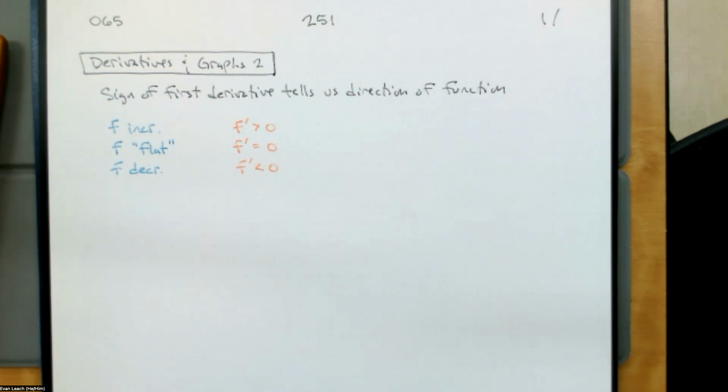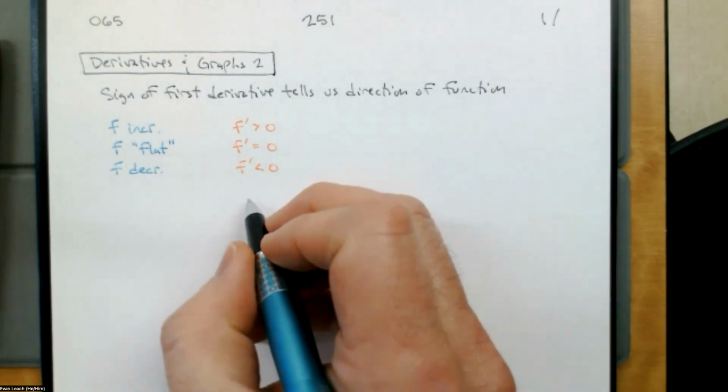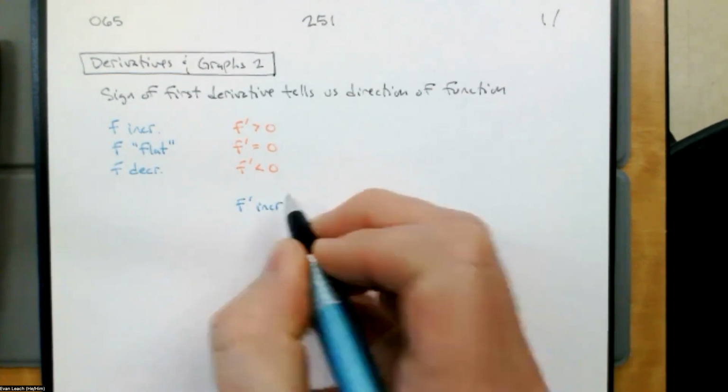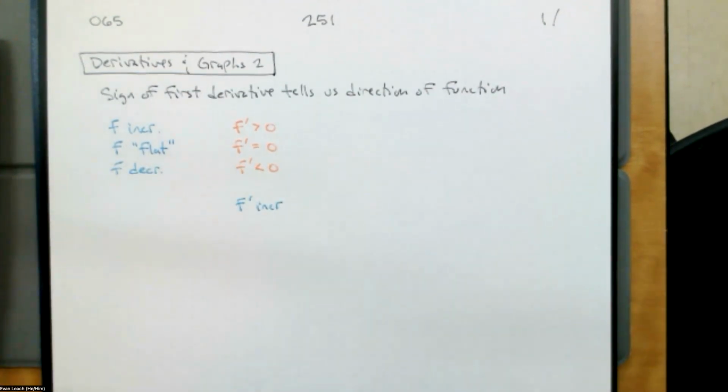It tells us the same thing. If the first derivative is increasing, the second derivative will be positive. So if the first derivative is increasing, then the second, I don't know if I want the first derivative to be orange the whole time, or if I want direction and sign to be the same color.